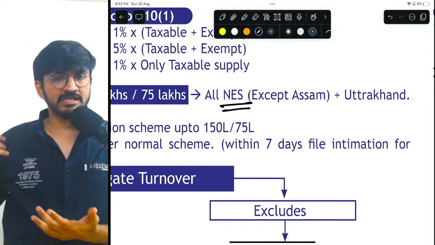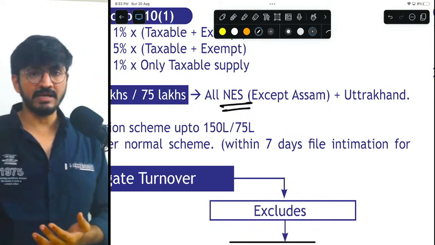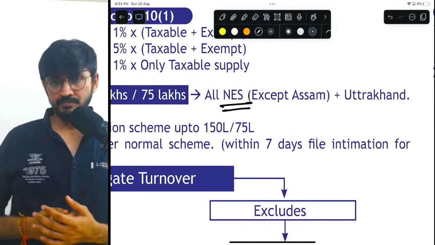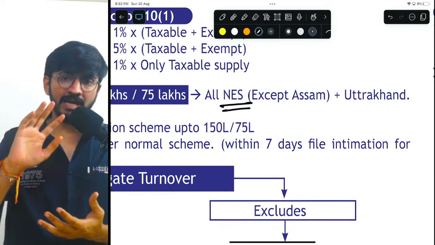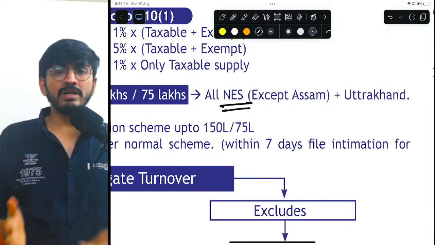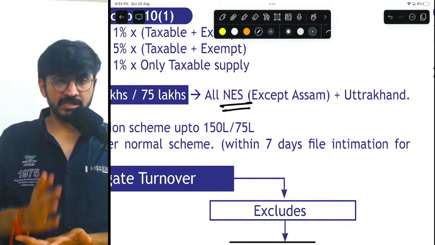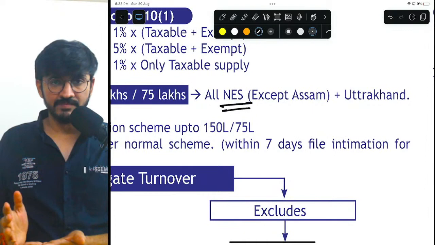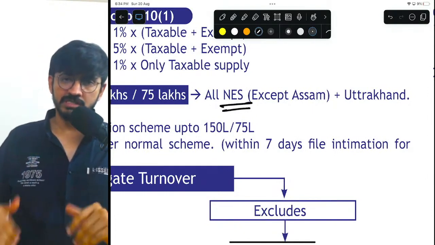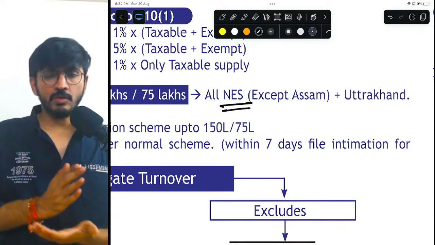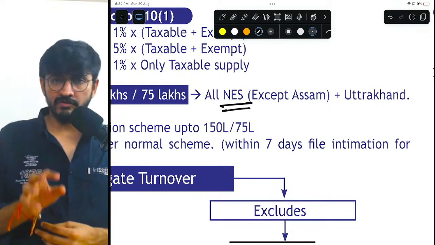But these smaller states, which are less developed, where the entire economy is completely dependent on tourism, cannot afford 150 lakhs, because if they take 150 lakhs, the only tax they will collect from the taxpayers is 0.5% CGST and 0.5% SGST, right? And I'm sure with such meager tax, you cannot run your state, correct? That's the only reason why Assam is excluded and other states are subject to 75 lakhs.